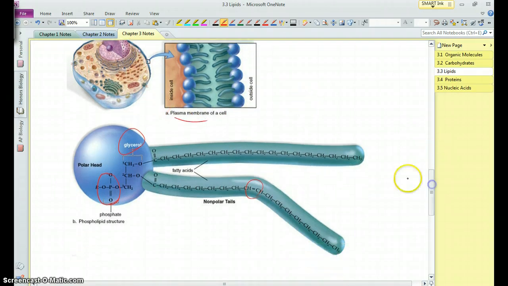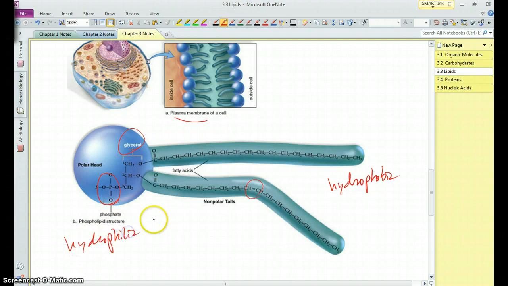That's because the fatty acid end of these phospholipids is hydrophobic. It does not bond to water. It does not like water. Whereas the phosphate end is hydrophilic. It likes water. It has a charge, and so it will bond to water.